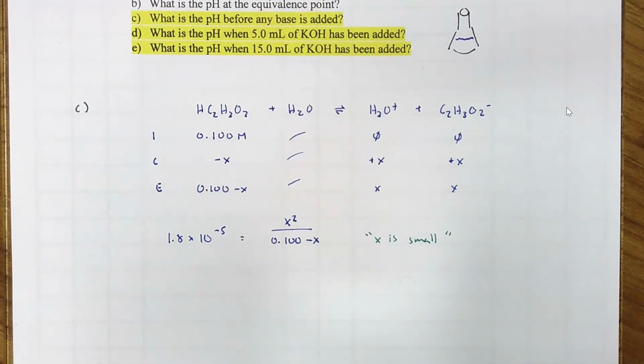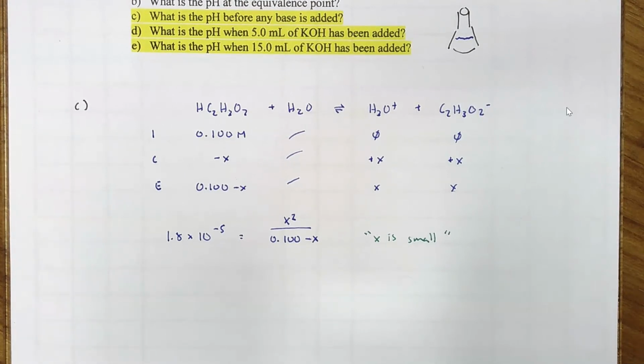Maybe I'll double check, but not write it down. Since we're using the x is small approximation, that goes away. We have 1.8 times 10 to the minus 5 times 0.100 equals x squared, and take the square root of that.